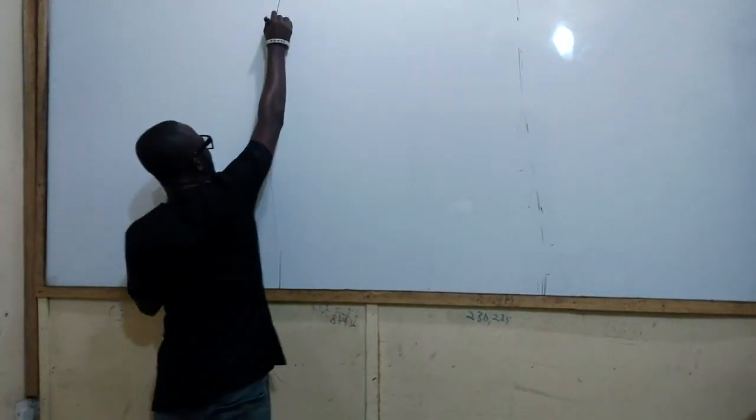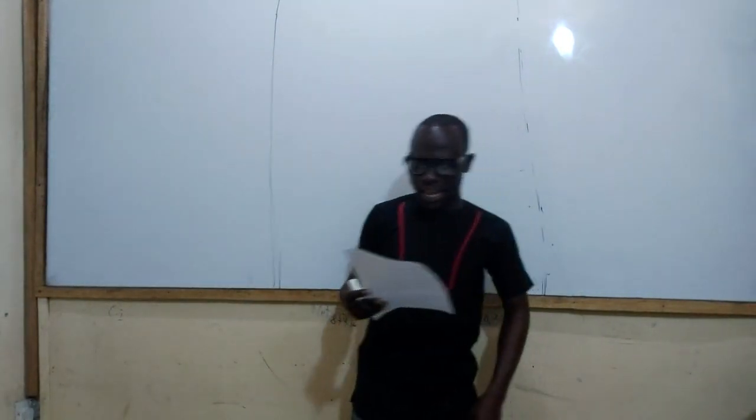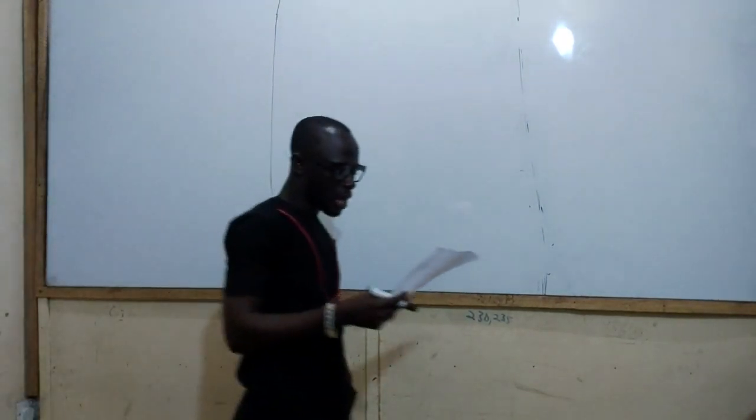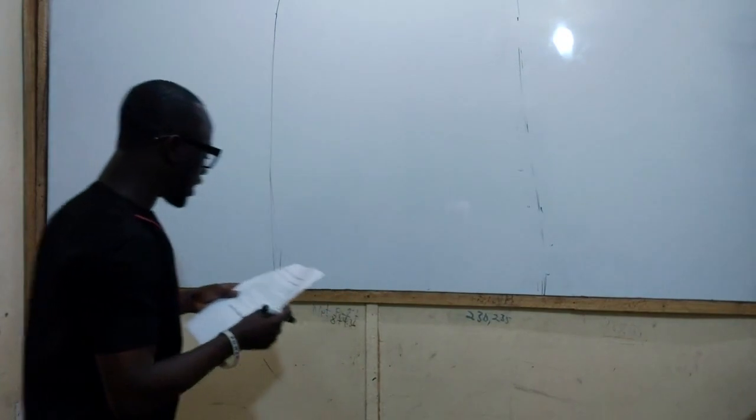Note that anytime the examiner says calculate WACC, the requirement of the question is: calculate the current weighted average cost of capital of FENSCO. And that's the only thing we'll be doing, the A aspect of the question. So let's read it together.